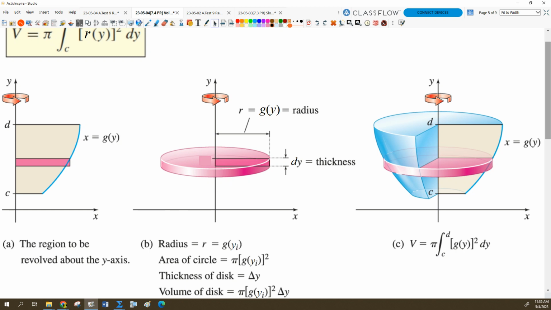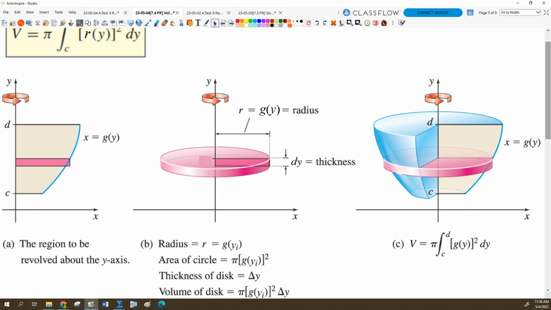So then if I want to revolve this area around the y-axis, well, I'm still just going to create a volume of revolution that looks like this pedestal table, right? This one's standing up, because we're revolving around the y-axis.